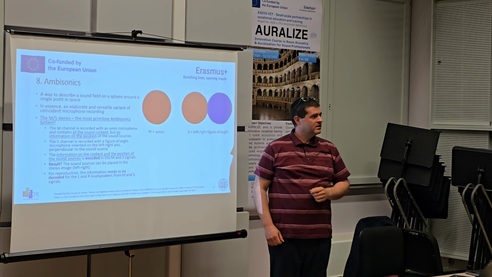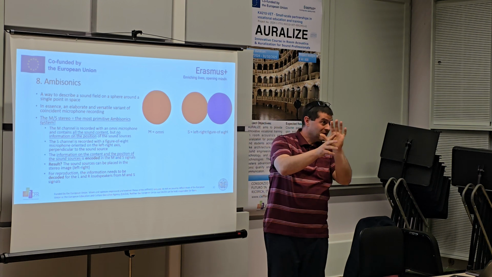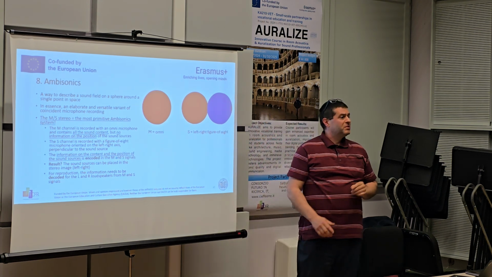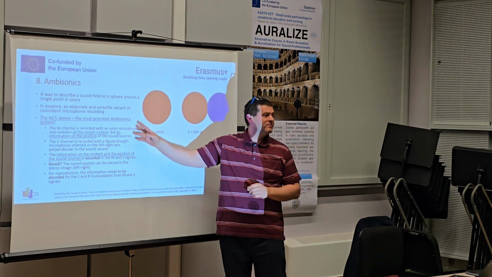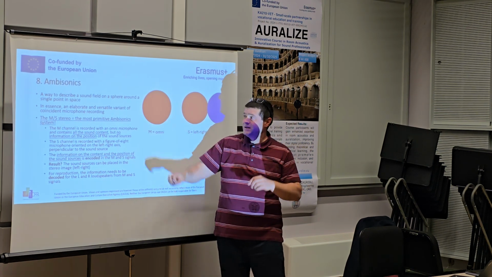Where did I hear that? The coincidence stereo techniques also use one point in space, ideally at least. So this is something we might begin with when we describe ambisonics. But not just any technique, the MS stereo. If you remember what MS stereo is, it's the most primitive version of ambisonics possible.